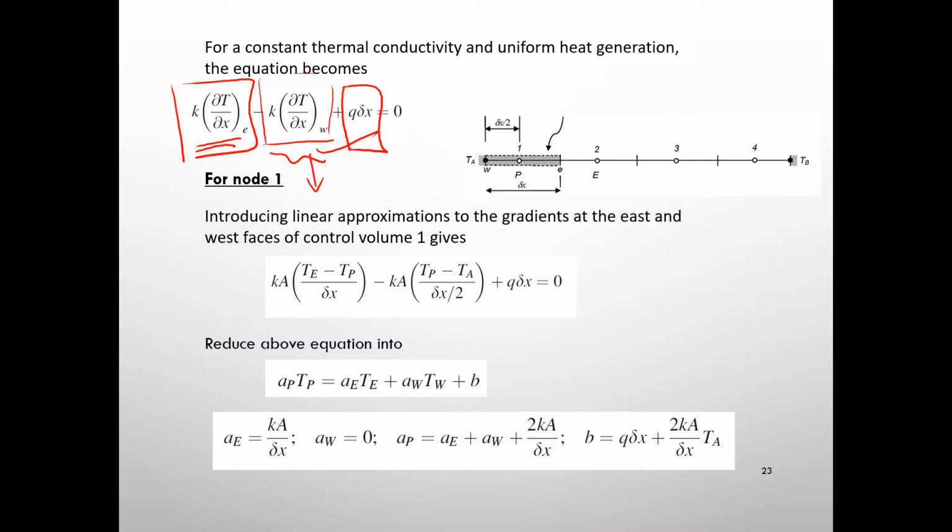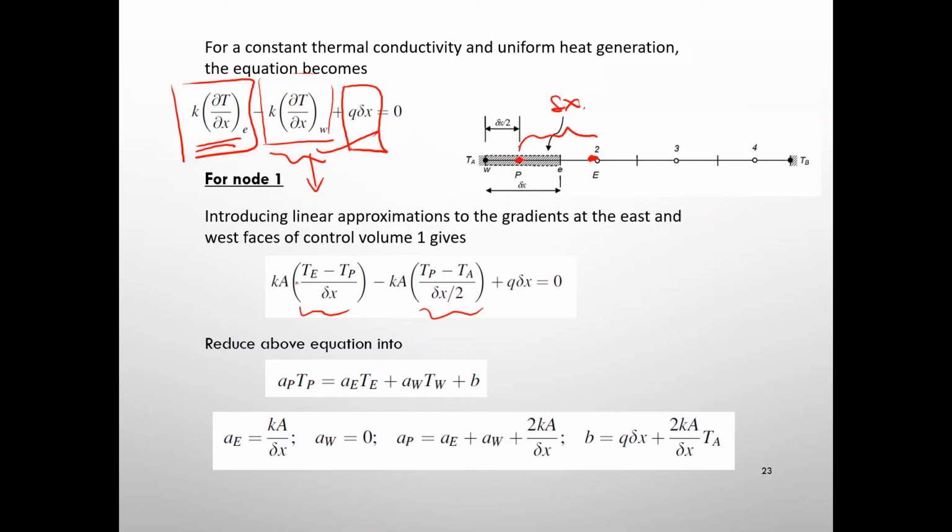You can change this by using linear approximations. This is the gradient between 2 points. We just take the difference between 2 points divided by the gap. So this is for the point at E. From this point to the second point, the gap here is delta x.